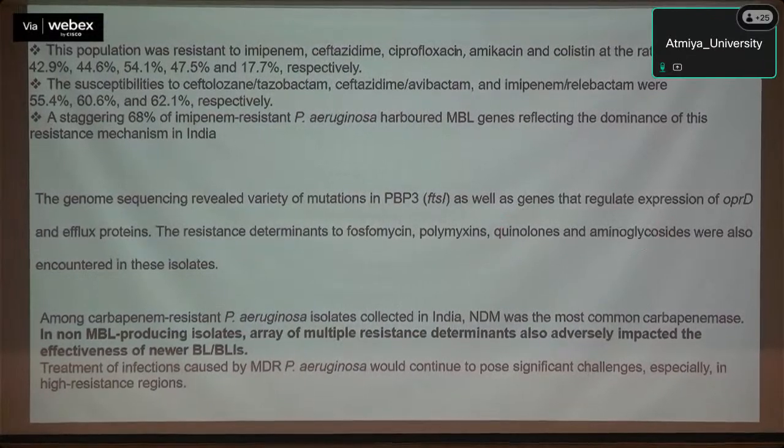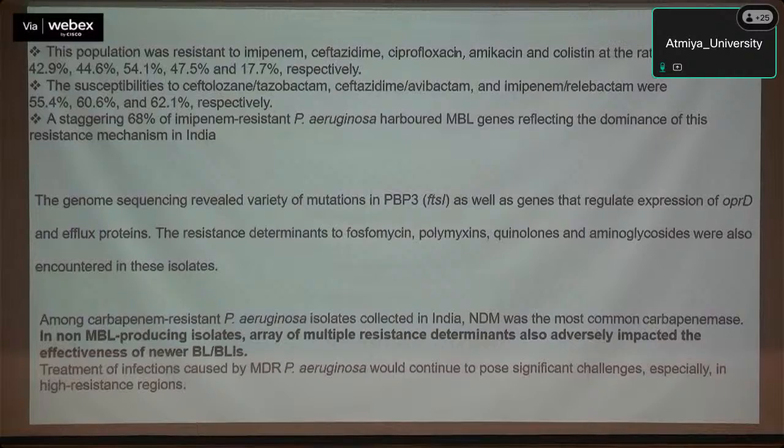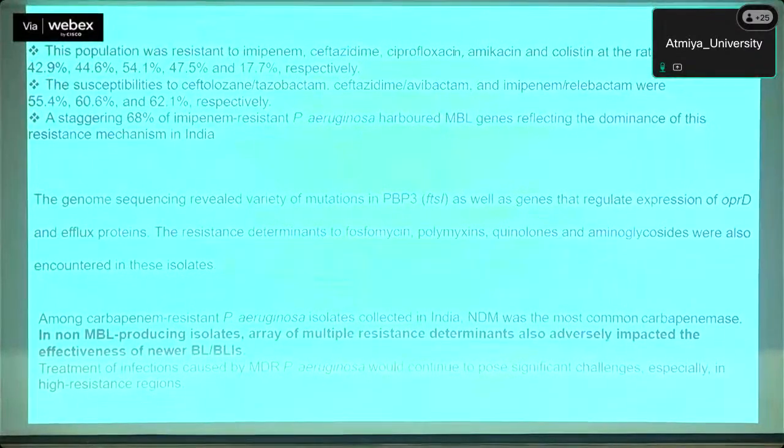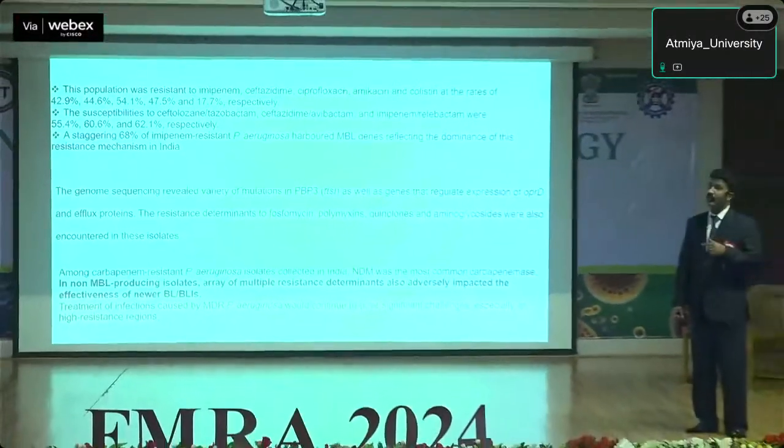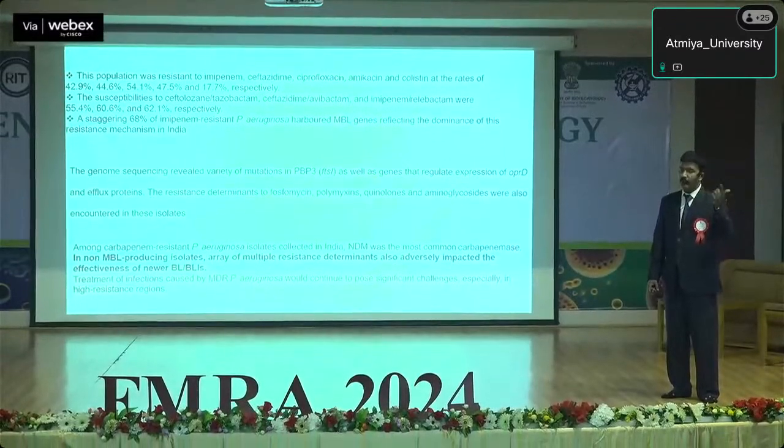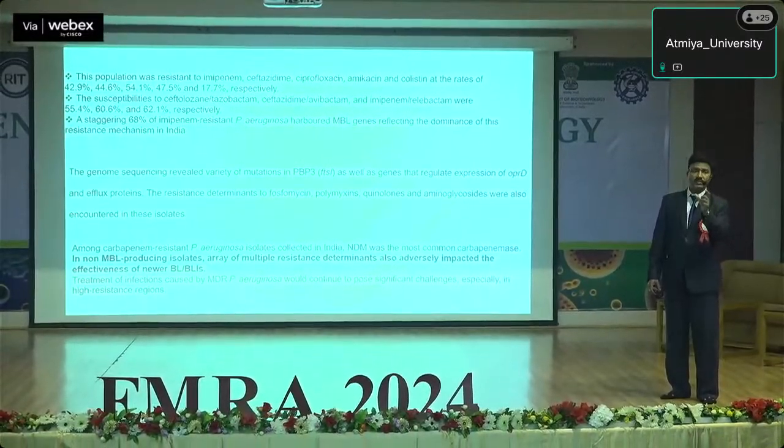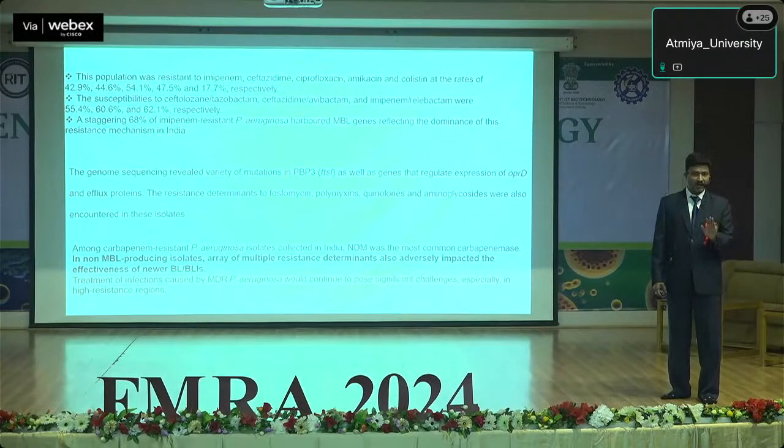Therefore, these organisms are not just MDR, but XDR and PDR. XDR are those where the MIC is very high, and PDR and XDR differ only by their MIC. If you have resistance to all prescribable antibiotics, it is called PDR.